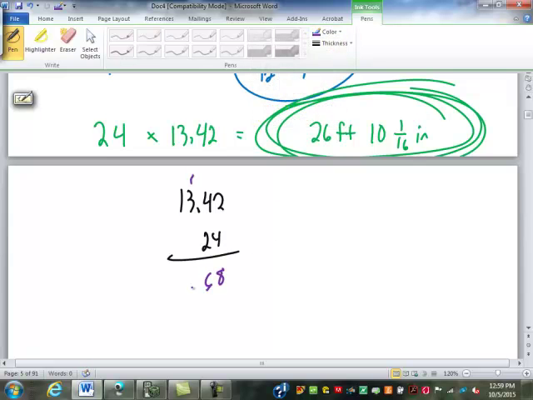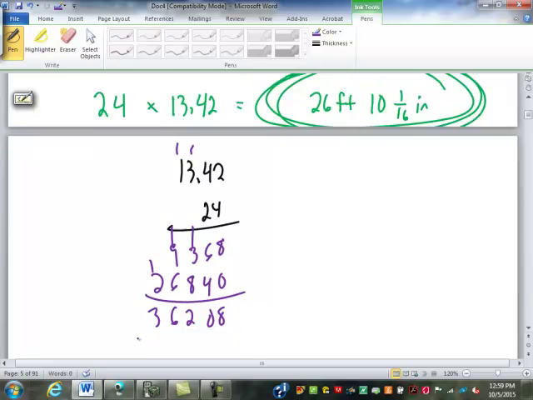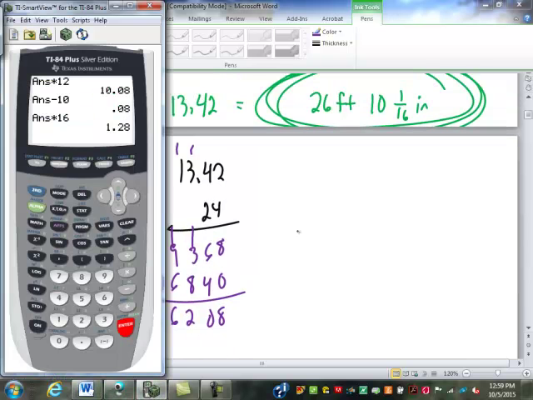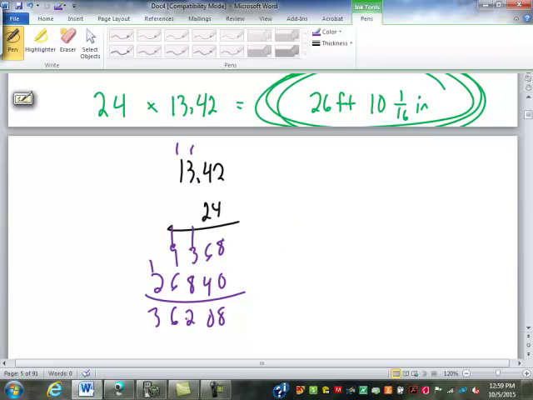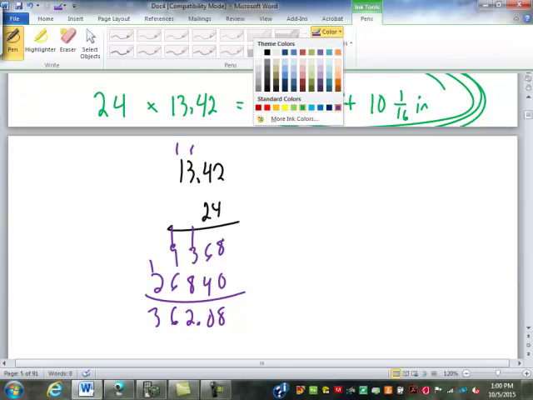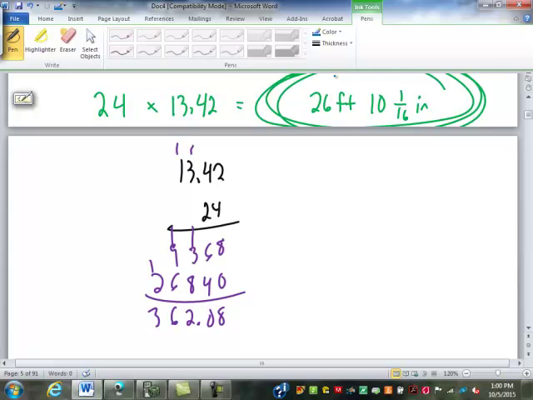This is 8, 16, 13, 9, 0, 4, 8, 6, 2, 8, 0, 1, 2, 16, 3. Did I multiply that right? I don't think so. Did I? 362.08. Now what they would have done is this. Most of them knew that 360 inches is 20 feet.